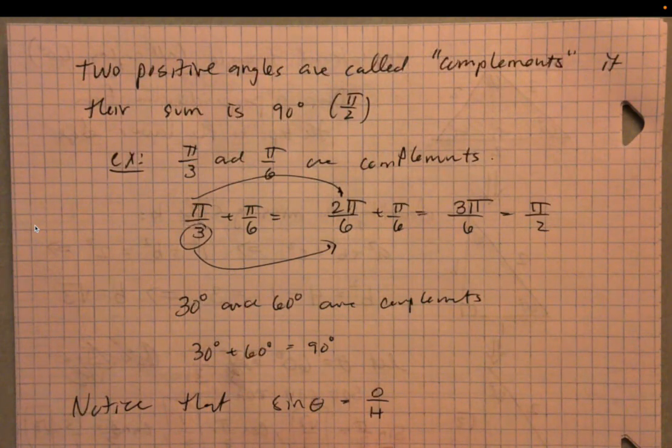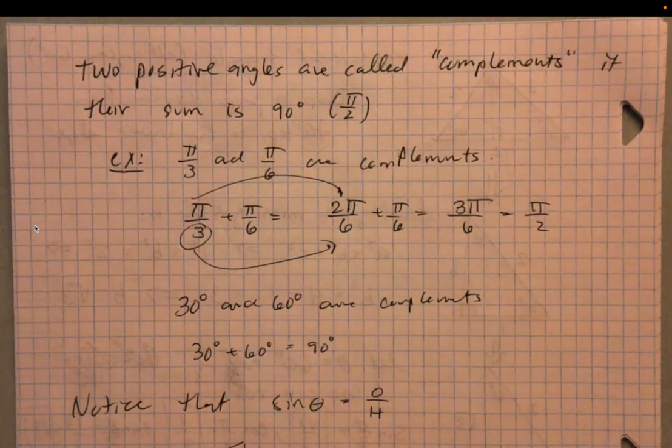If I draw this kind of right triangle, say I've got my theta here, and I've got my A and my B and my C, and this is a right angle. So if this is theta, and this is 90 degrees, then what is this one? Well, the whole triangle is 180 degrees, isn't it? And if this is 90, then these two together have to be 90.